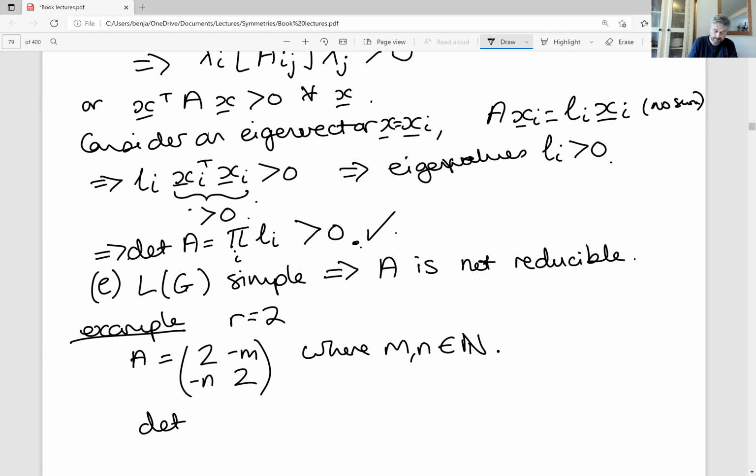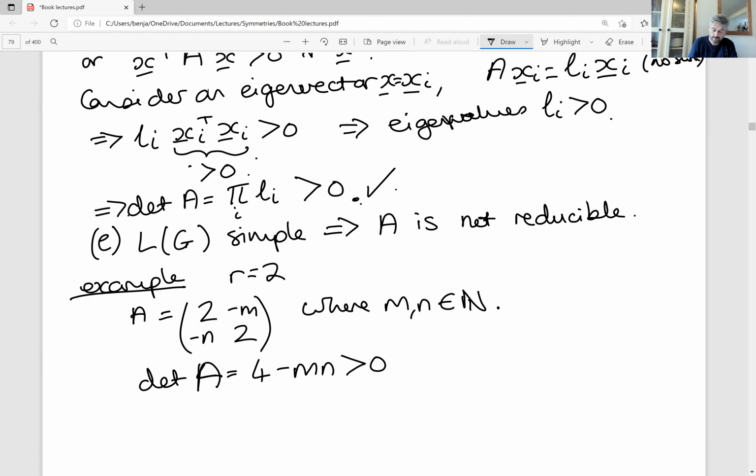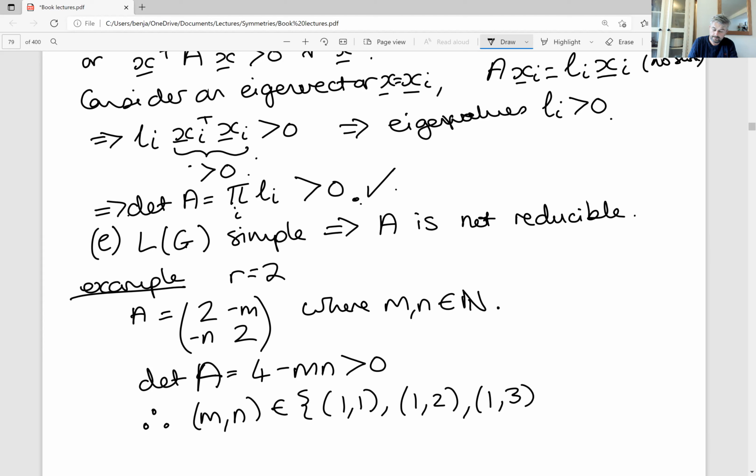So we have this constraint that the determinant has to be bigger than 0. And the determinant of this is 4 minus mn. That must be bigger than 0. And so the distinct cases for m and n, well, they could be 1 and 1, 1 and 2, 1 and 3, but that's it. Otherwise, if you have 2 and 3, you get a negative determinant.